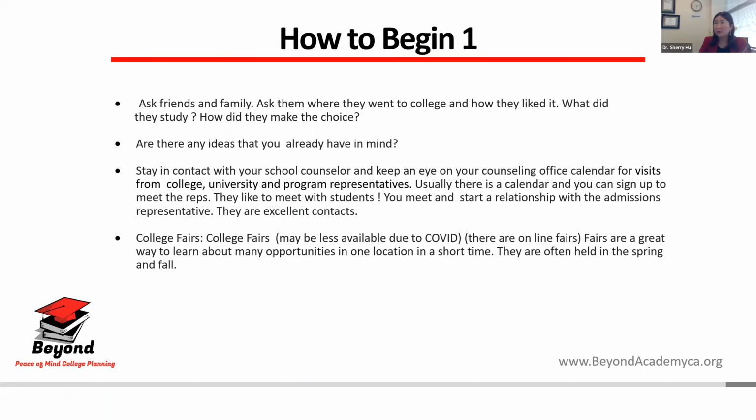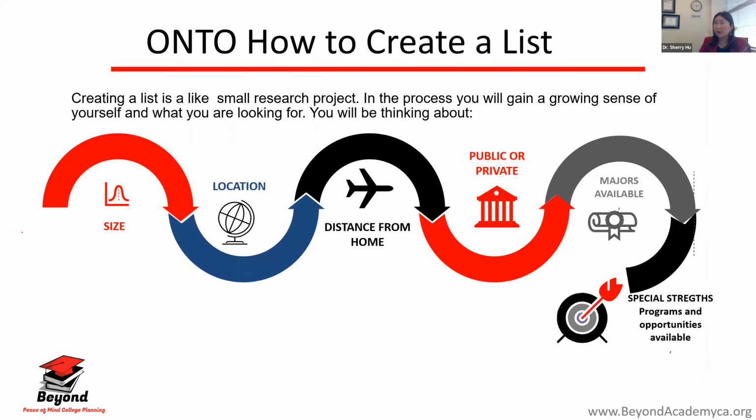So I know, Susan, we talk about there's a process and there are things to consider in order to really understand different schools, what kind of things they offer. So including the size, you want smaller size or large size, private schools or public schools, and the locations.